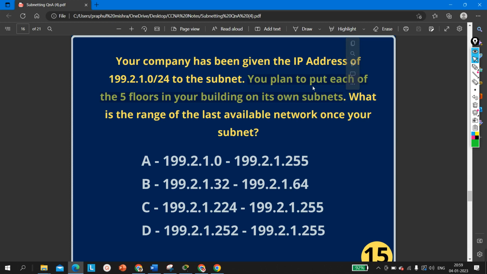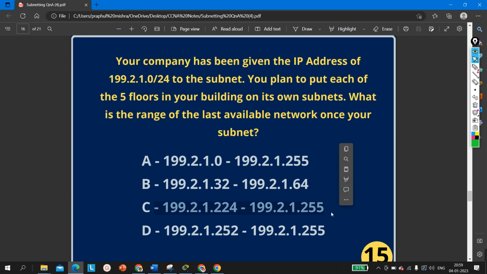So again, you need how many subnets? 5 floors. What is the range of the last available network on your subnets? Tell me the valid range of the last subnetwork.